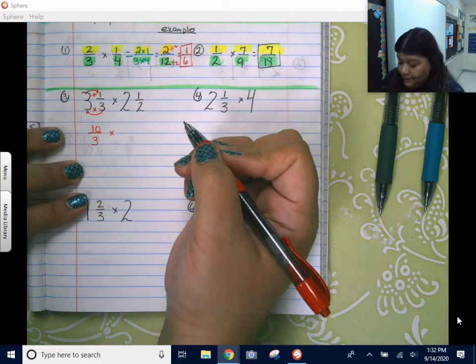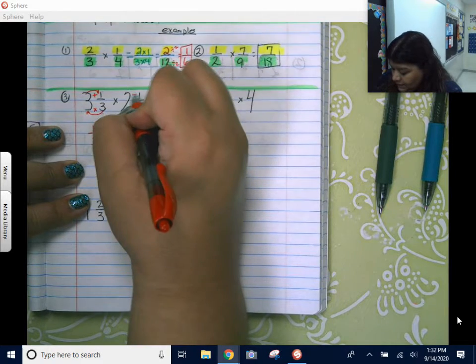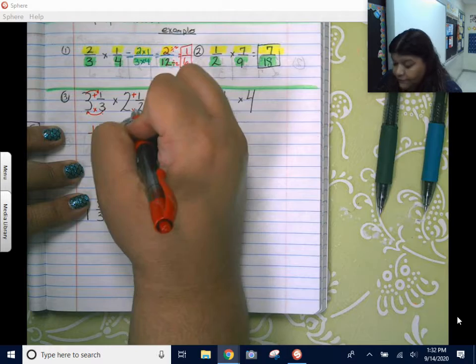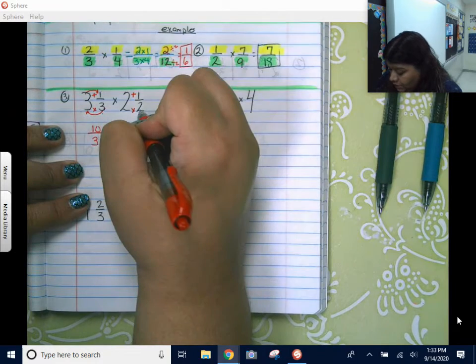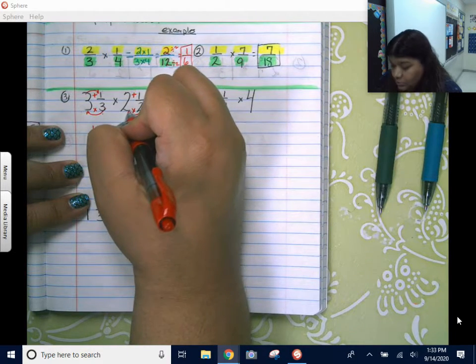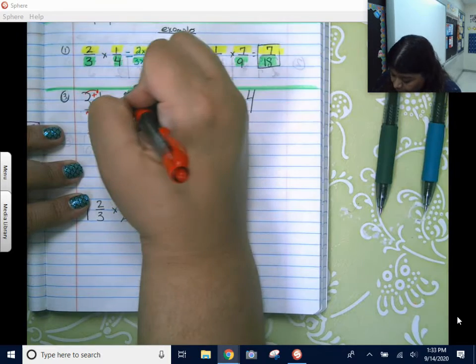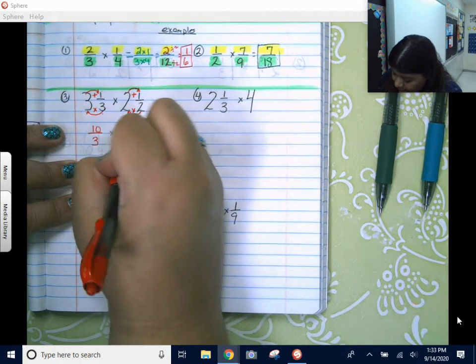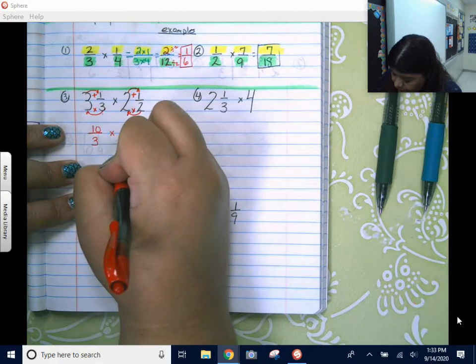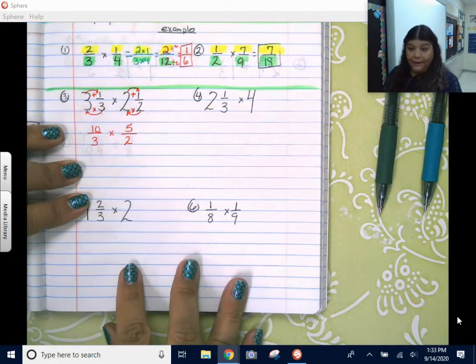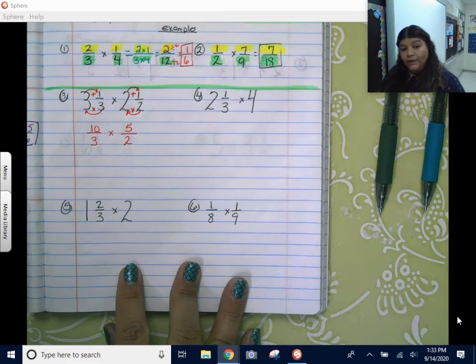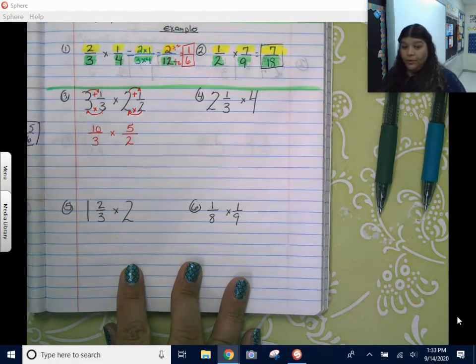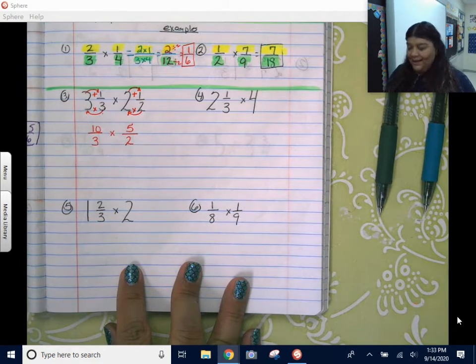Let's try that process again. T, X, or Texas. We're going to do 2 times 2, which is 4. 4 plus 1, 5. And your denominator was a 2. It stays a 2. Okay? So now that we've incorporated the whole number into an improper fraction, now I can go ahead and multiply.